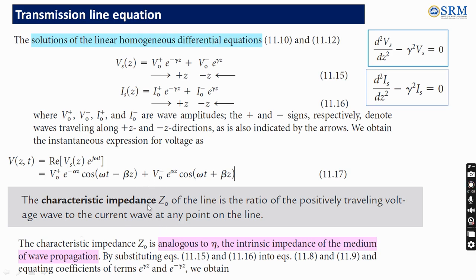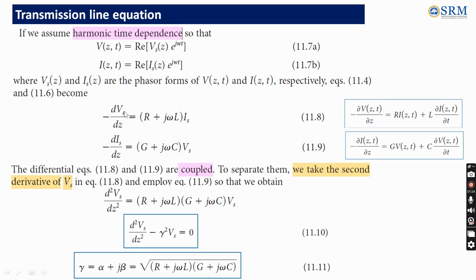So we are going to find the exact value of the characteristic impedance here. How we are going to do it is we are going to substitute these two expressions into the already existing expressions. First we have found the voltage and current equations in terms of the transmission line parameters.